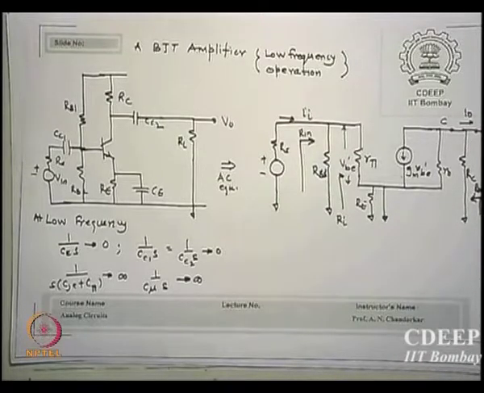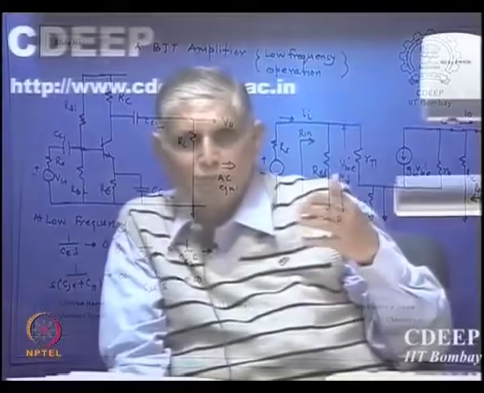But where will I consider them? At high bandwidths. I say up to where this will work. At that time I will use the full circuit, and that is our next topic, frequency response of an amplifier. So I am avoiding that here, because that is anyway going to come.